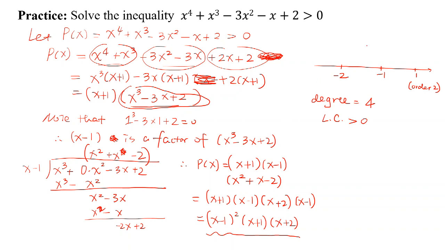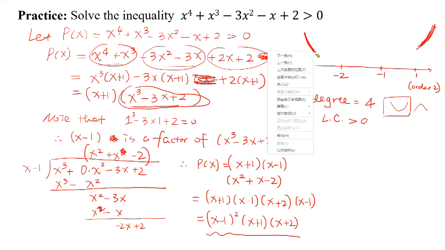So for an even degree, this function will have either this shape or this shape. And because the leading coefficient is positive, it must have a pattern like this, so it extends all the way from the second quadrant to the first quadrant, right?